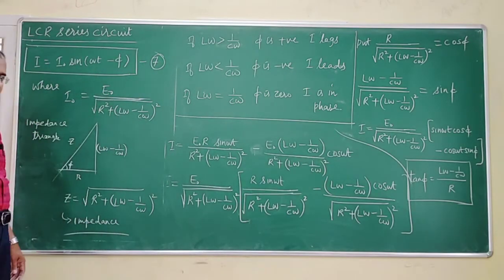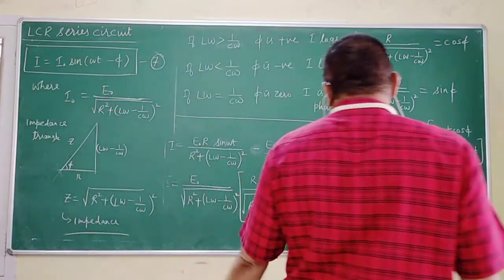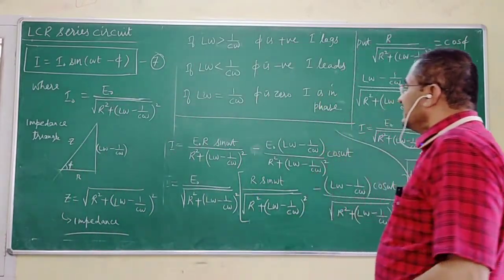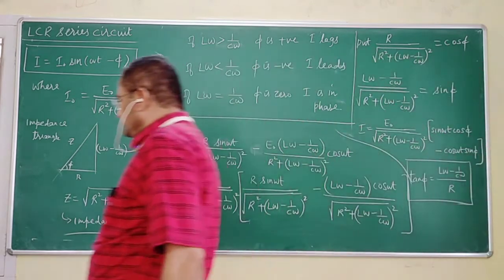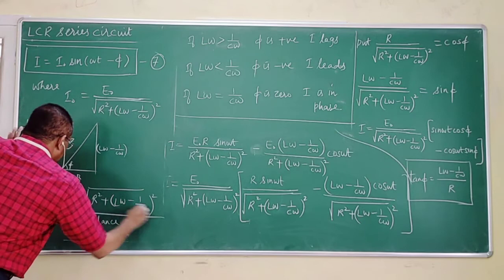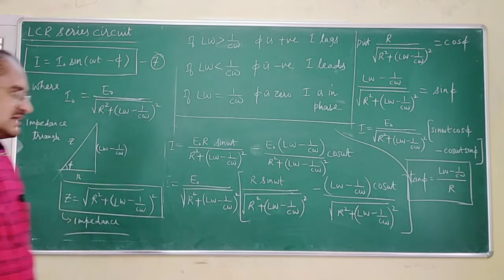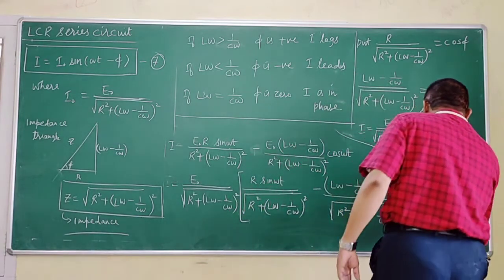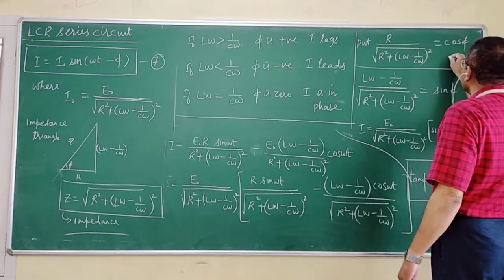So in an LCR circuit, when does the current lead? When does the current lag? When is the current in phase? I have given the condition. I have also told you Z is equal to this, we call it impedance, and this phi the phase angle and cos phi the power factor.